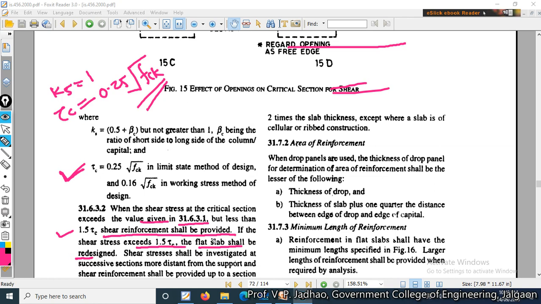Consider this as a footing instead of a flat slab. So if our shear stress is more than 1.5 tau c, we have to redesign, that is increase the depth, and if it is less than 1.5 tau c, then we have to provide shear reinforcement.